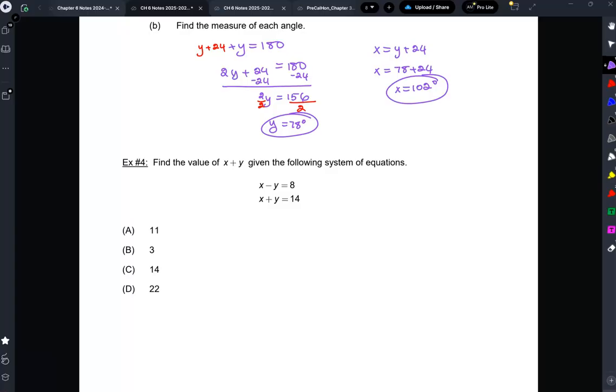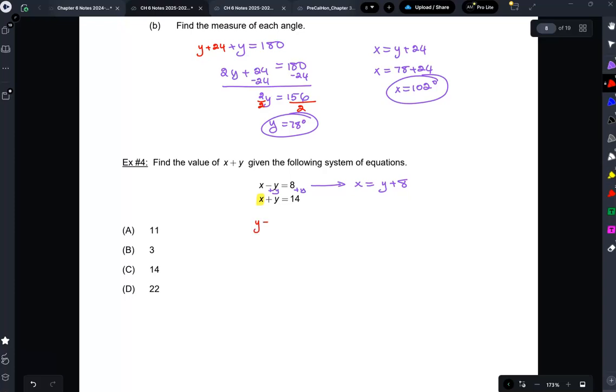Okay. So, here you have so much choice because you have x and y in the top you can solve for. You have x and y in the bottom to solve for, right? You know what I'm going to do? I'm going to solve it for this x on top. So I'm going to add y. So x is y plus 8. And I'm going to plug it into the other one here.